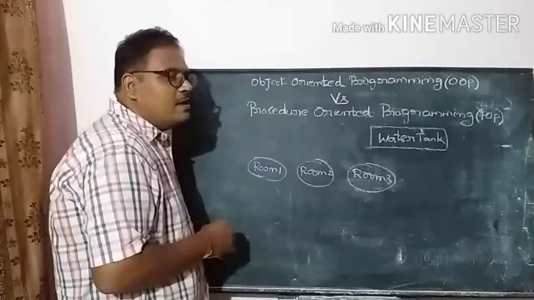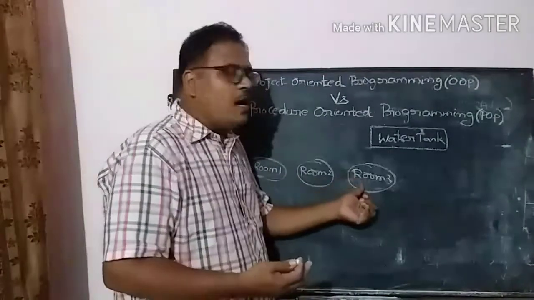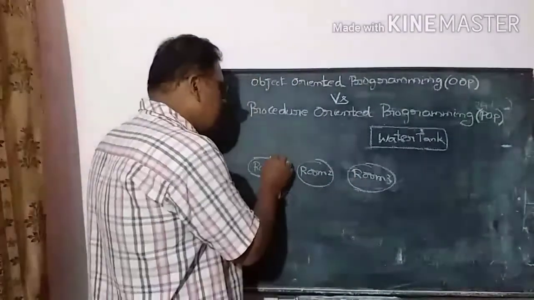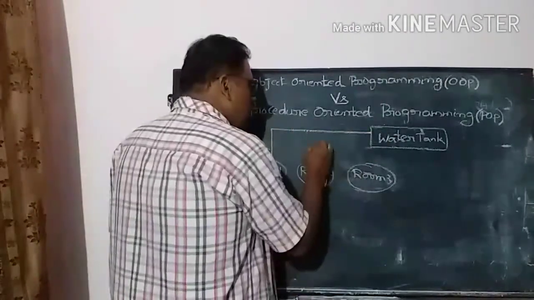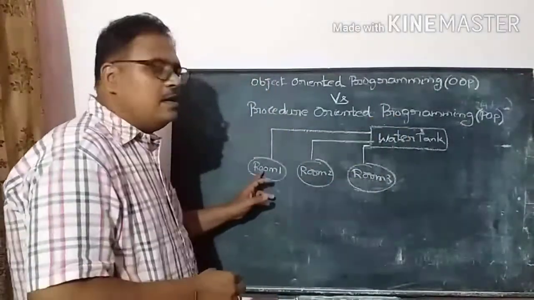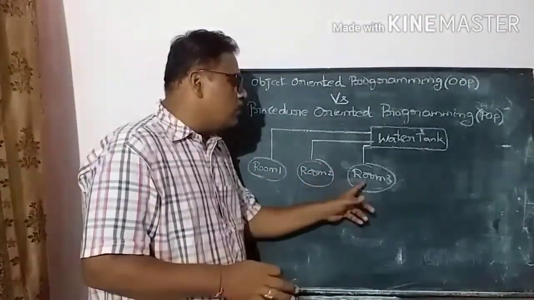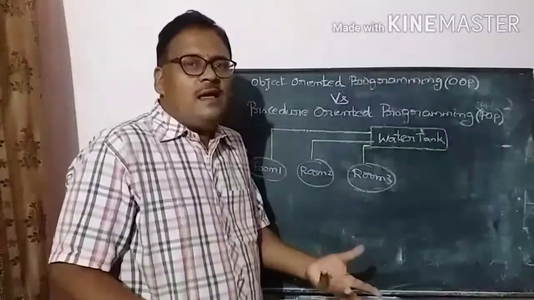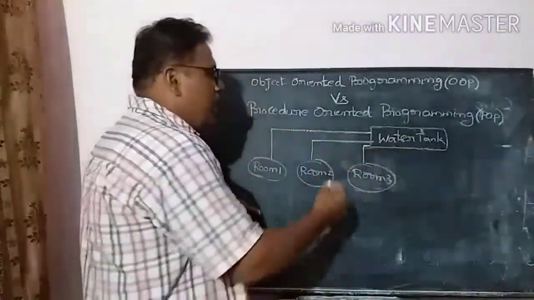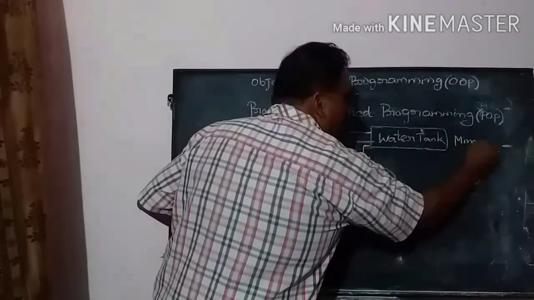We have to provide a water facility to room 1, room 2 and room 3. So simply we fix points to room 1, room 2 and room 3. The persons who stay in room 1, room 2 and room 3 can easily utilize the water from the water tank. Actually this water is very valuable mineral water.